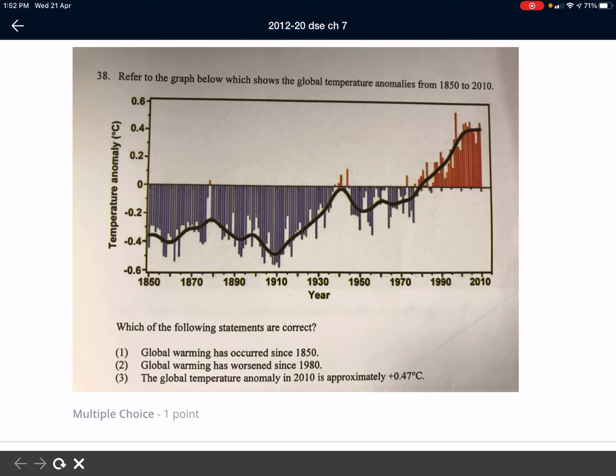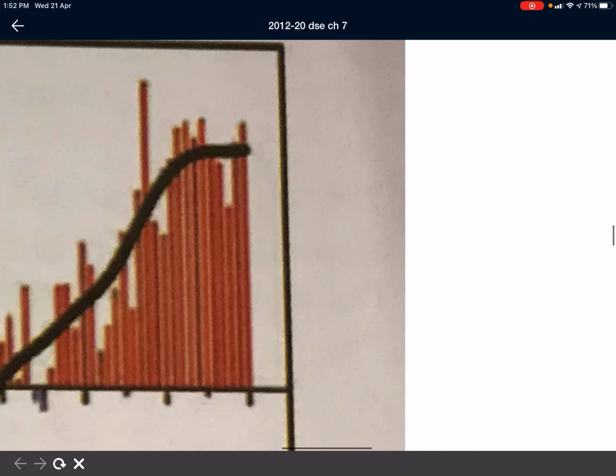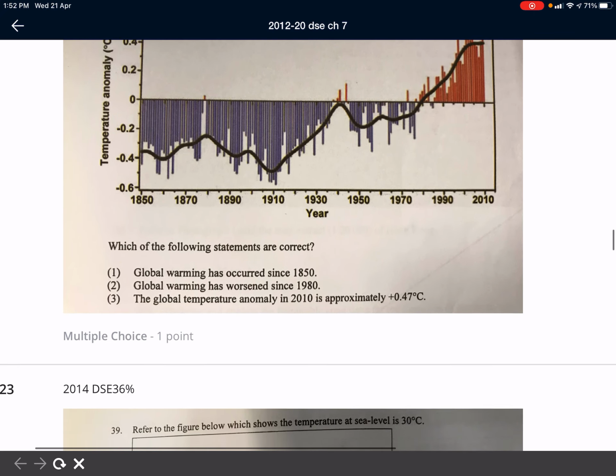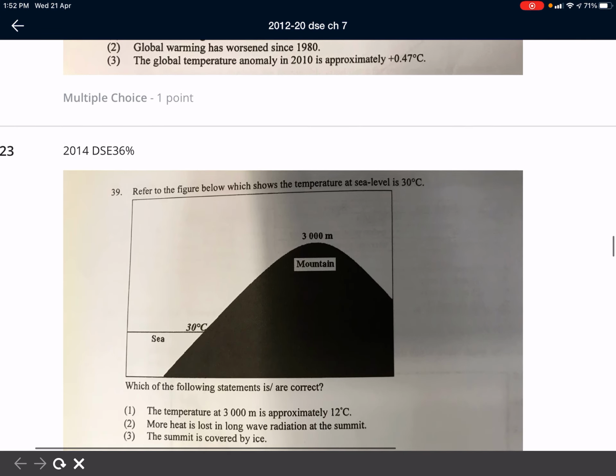Is it the case? It should be. The global warming anomaly in 2010 is approximately 0.47. Is it the case? Also true, because you can see here it is around 0.47. So it should be number 2 and number 3.